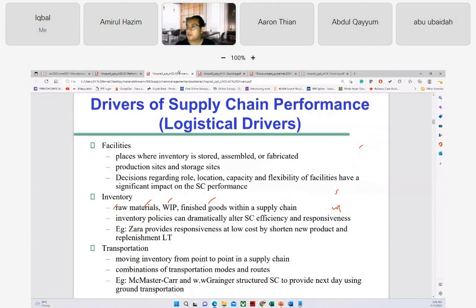And then inventory policies. I have one story from when I was in Volkswagen. I received parts from India for the Volkswagen Polo.